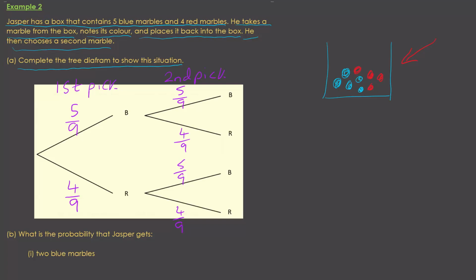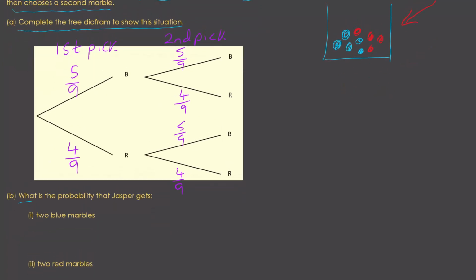So, what's the probability that Jasper gets 2 blue marbles? To get 2 blue marbles, from the start, we have to go here and here. And when you go across a tree diagram, you multiply the probabilities.